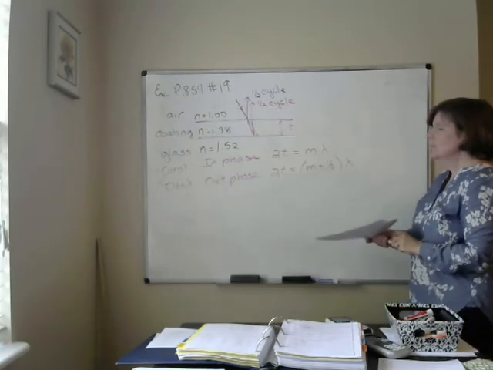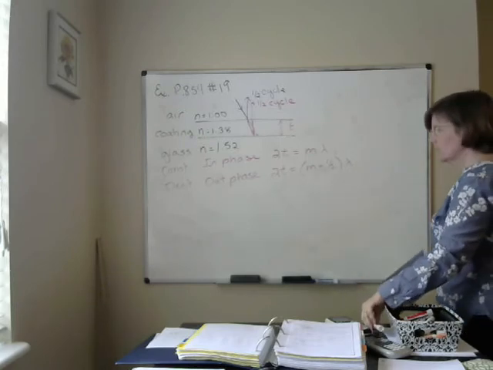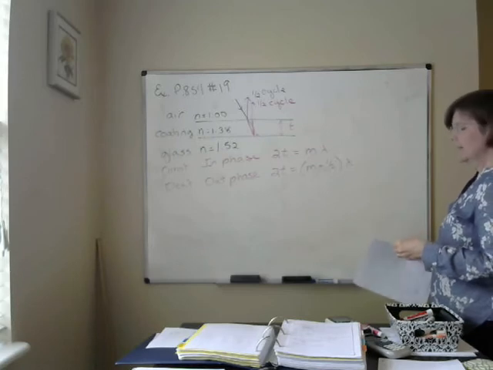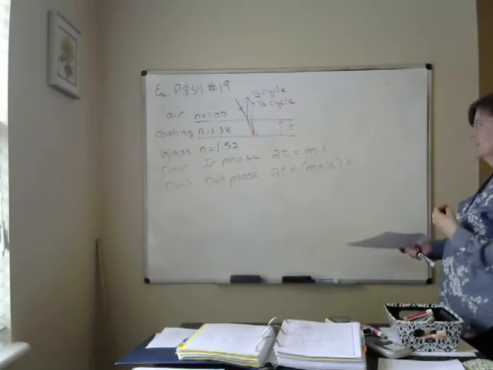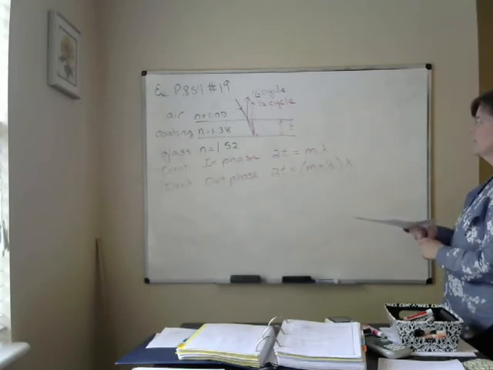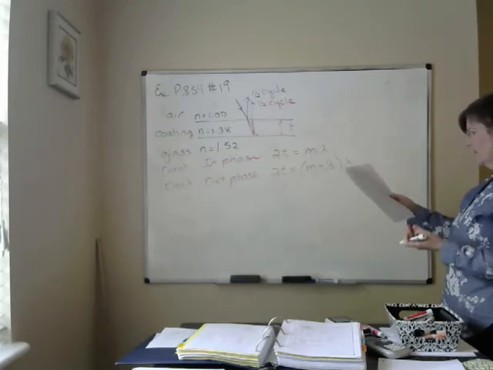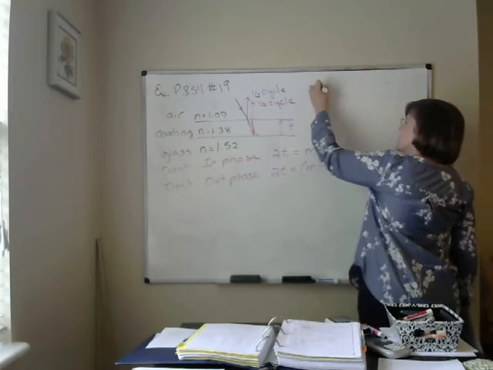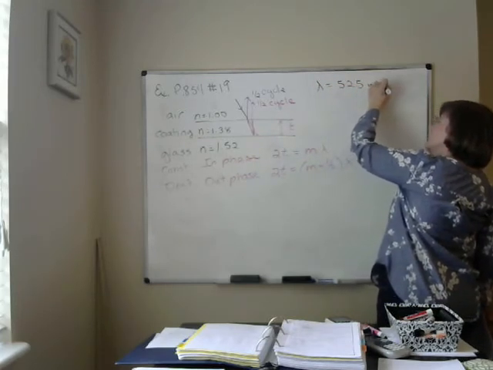Suppose that we want to create a non-glare coating on these binoculars. If I want a non-glare coating, then I want destructive interference. The thinnest possible non-glare will be at m equal 1. So if I want a non-glare coating, and I just want to pick a wavelength of light in the middle somewhere, we'll say light equal 525 nanometers.